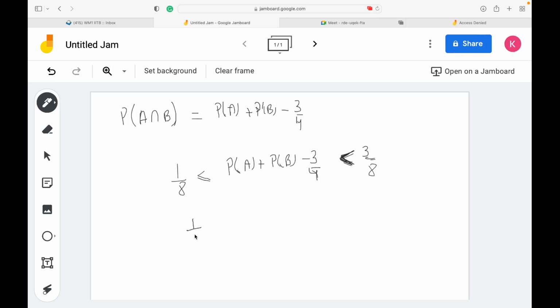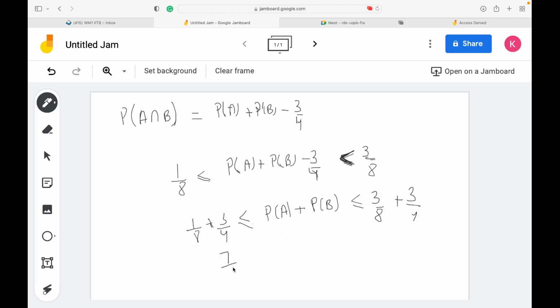So now you can do this: 1 by 8 plus 3 by 4 is less than PA plus PB, and it is less than 3 by 8 plus 3 by 4.